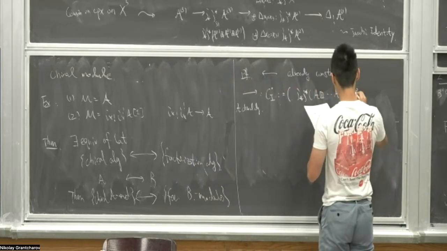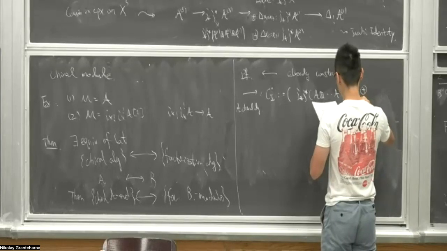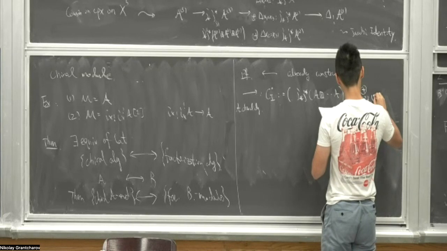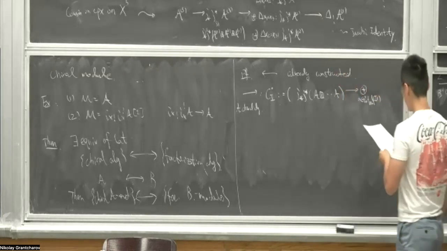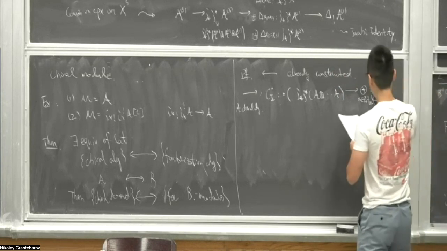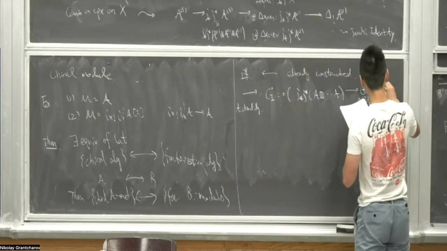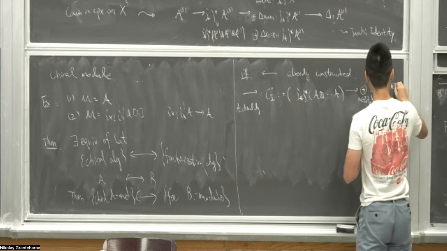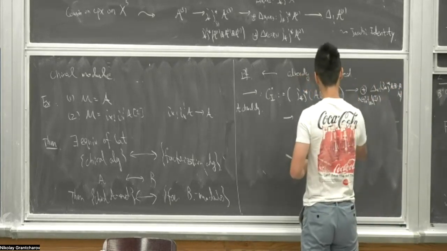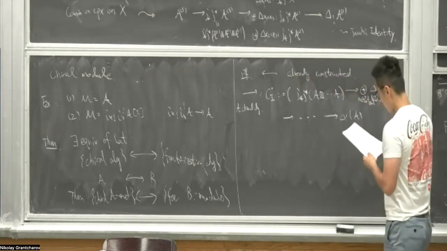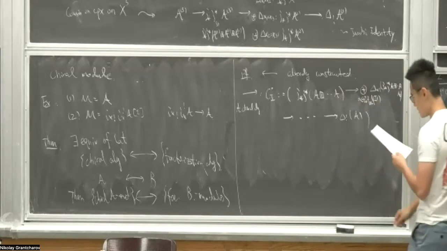And then I'll write out the terms: the I minus 1 factorization of I. The last term is just the pushforward of a single copy of A.